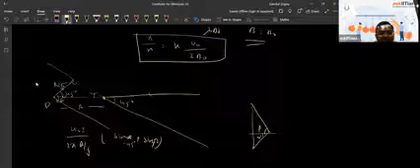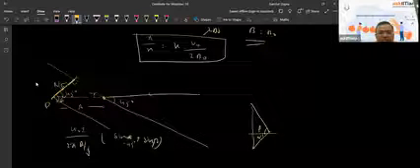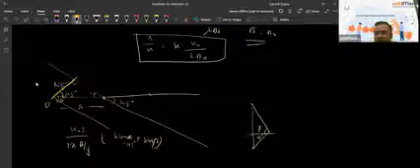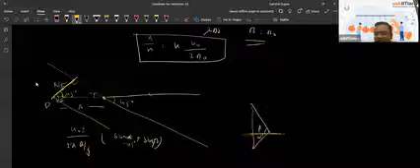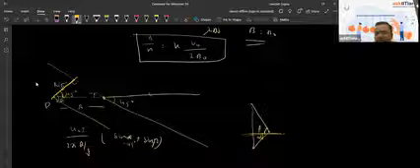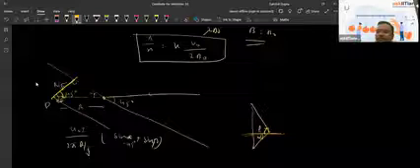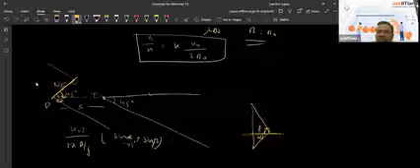See, this is the wire, and this is the perpendicular line. So one angle is anti-clockwise and one angle is clockwise, but here both the angles are anti-clockwise. Tell me, correct or not?